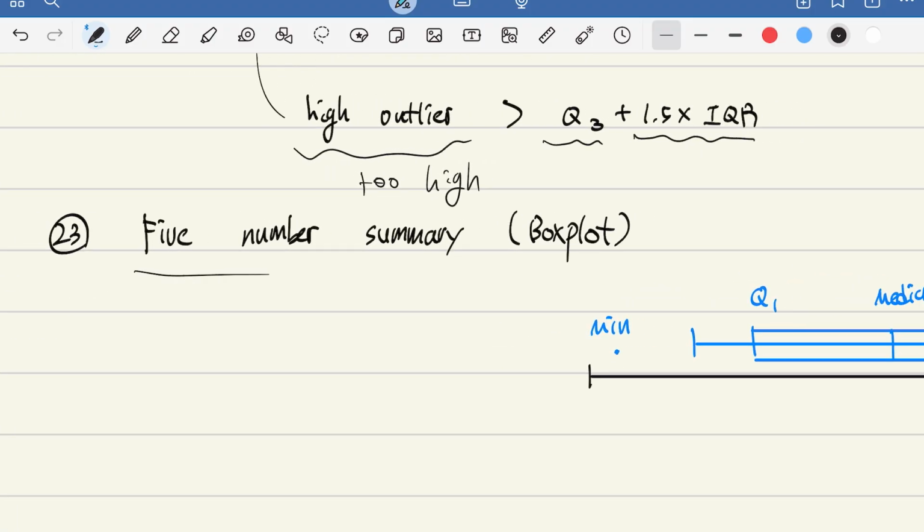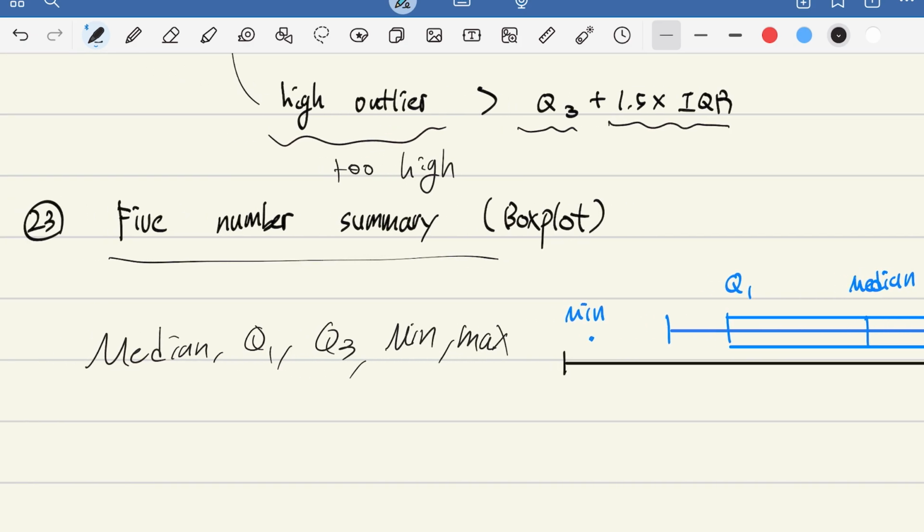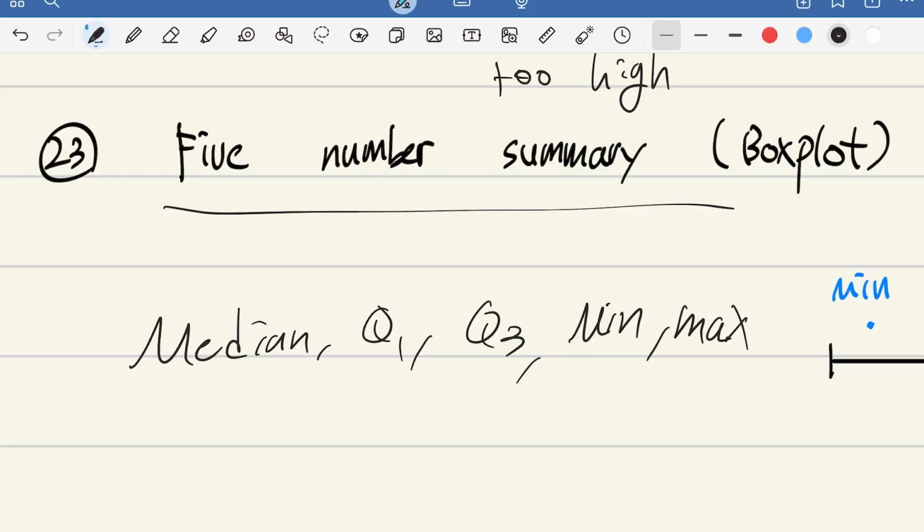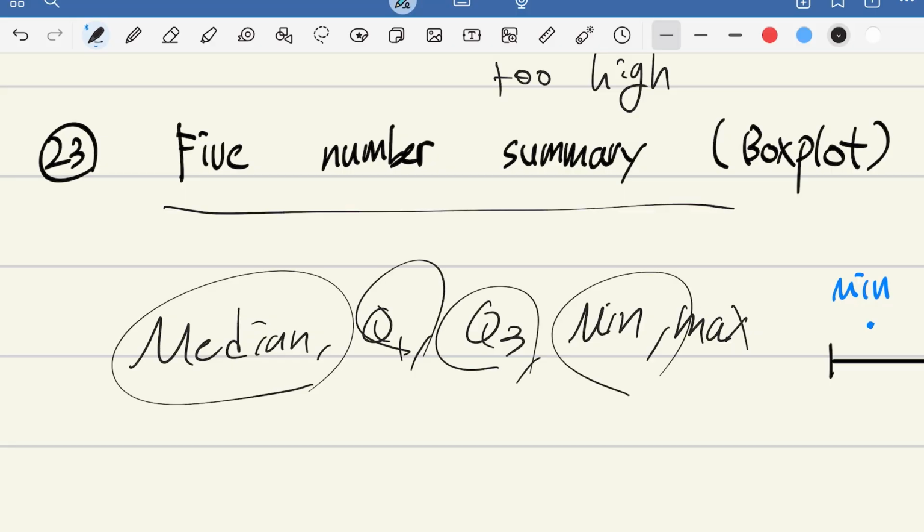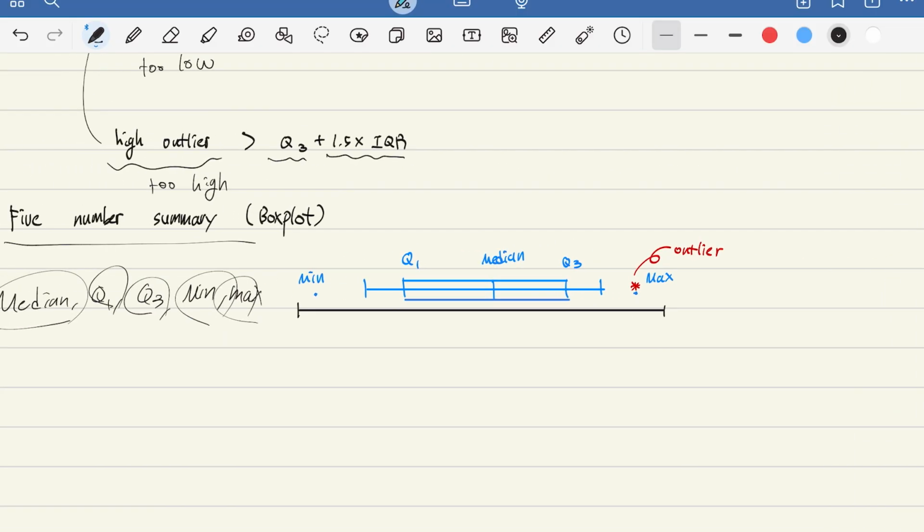The 5-number summary consists of the minimum, Q1, the median, Q3, and the maximum. It's called the 5-number summary because we're using 5 numbers.